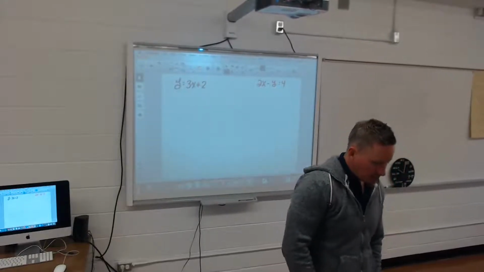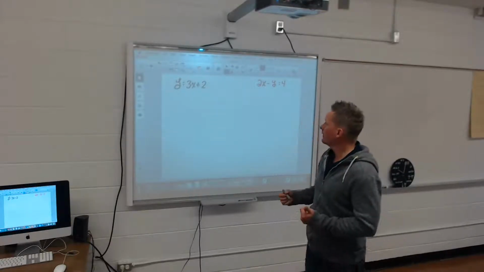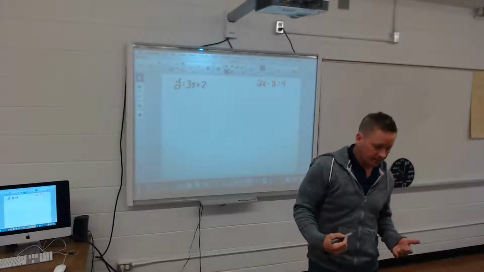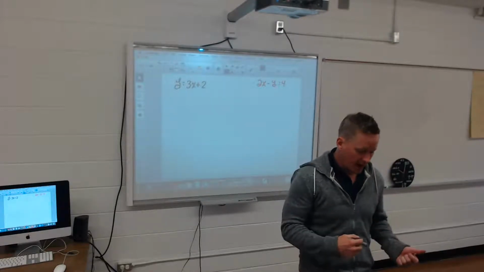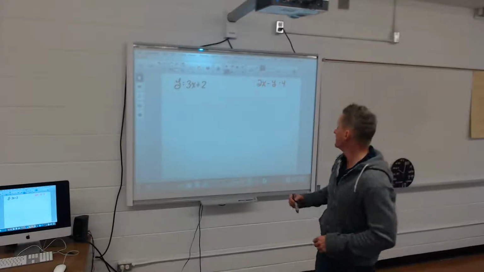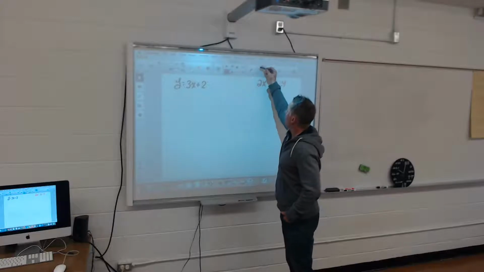All right. The first thing that we're going to do is look at graphing both of these. Now, I'll graph them on the board poorly, and then I'll graph them using technology so that you can see it. Oh, actually, I have this wrong. This should be a -4 here. Okay?